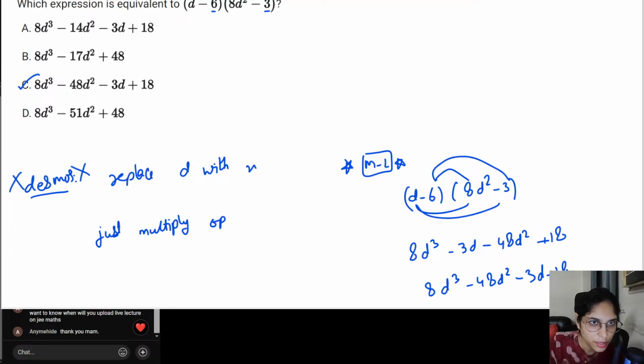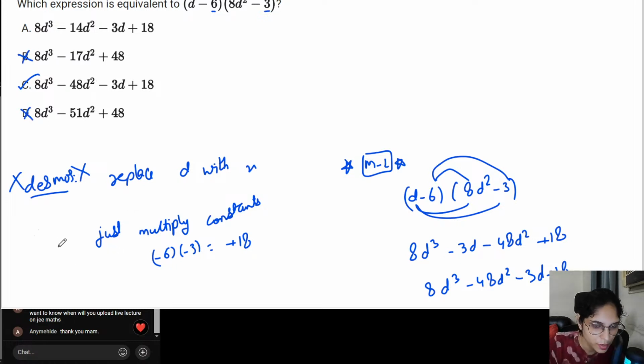Here only, eliminate the options. Just multiply constants. No need to do anything else. Negative 6 times negative 3, we're getting plus 18. Wherever you're not getting plus 18, those options are eliminated.